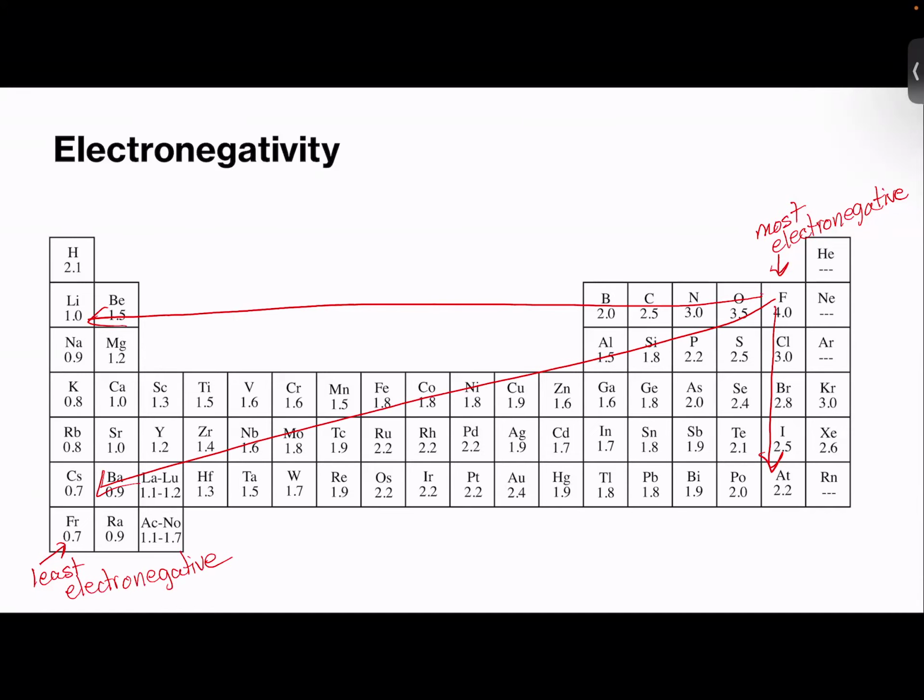And what you may note, if you're thinking about your previous atomic trends, is that for the most part, the smaller the atom, the higher the electronegativity. But again, you're going to receive this periodic table on the test, so you don't have to memorize this.